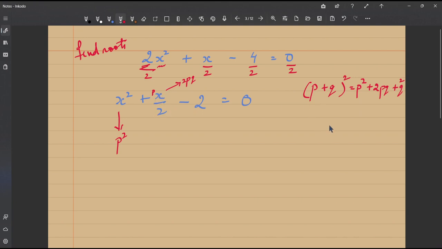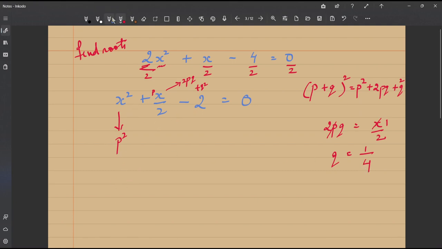Just equate 2pq to x by 2 and you know that p is equal to x. So 2q is equal to 1 by 2. We only need q. Why do we need q? So that we add q squared here and complete this square. So q is equal to 1 by 4.